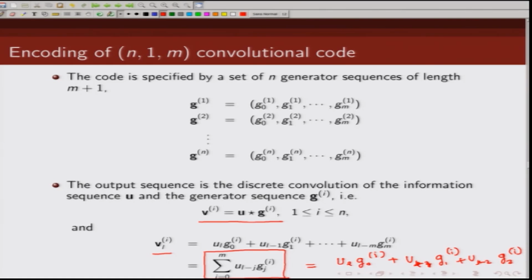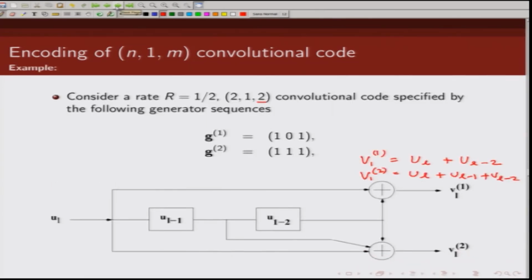And for the first coded sequence, g_0, g_1, g_2 was 1 0 1 and the second sequence was 1 1 1. That is why the first coded sequence is U_L plus U_{L-2} and the second coded sequence is U_L plus U_{L-1} plus U_{L-2}.